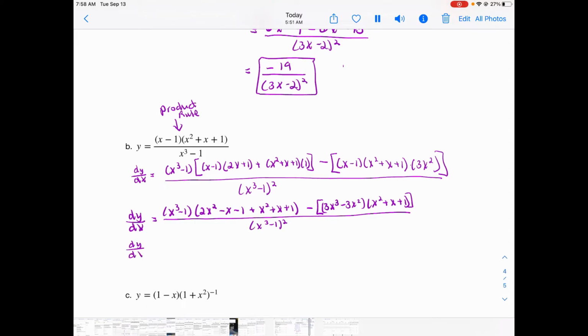Okay, some more simplifying. Let's combine like terms in that second parentheses. That will give us 2x, and then the x's cancel out and the 1's cancel out. So we'll just get x squared.